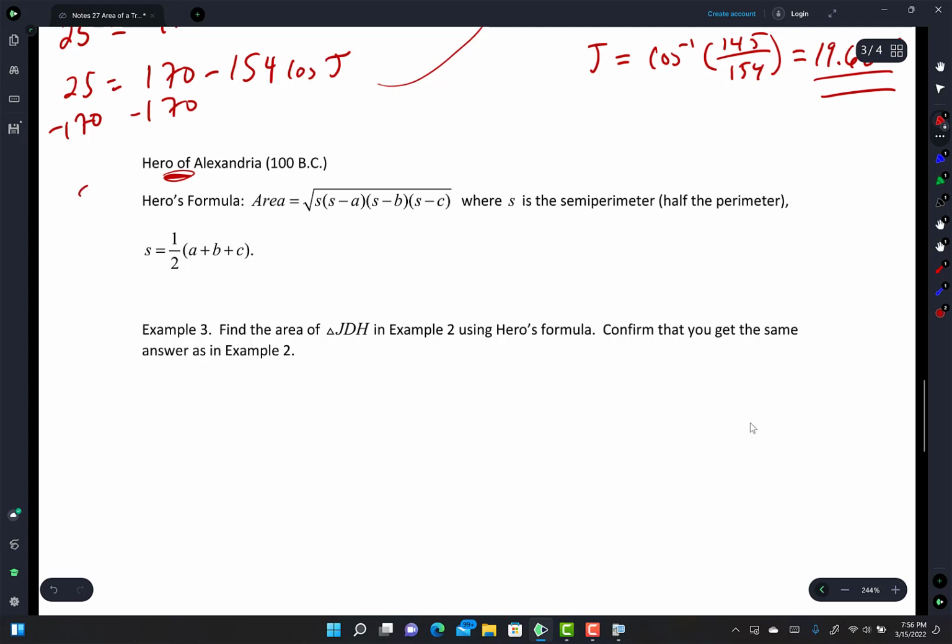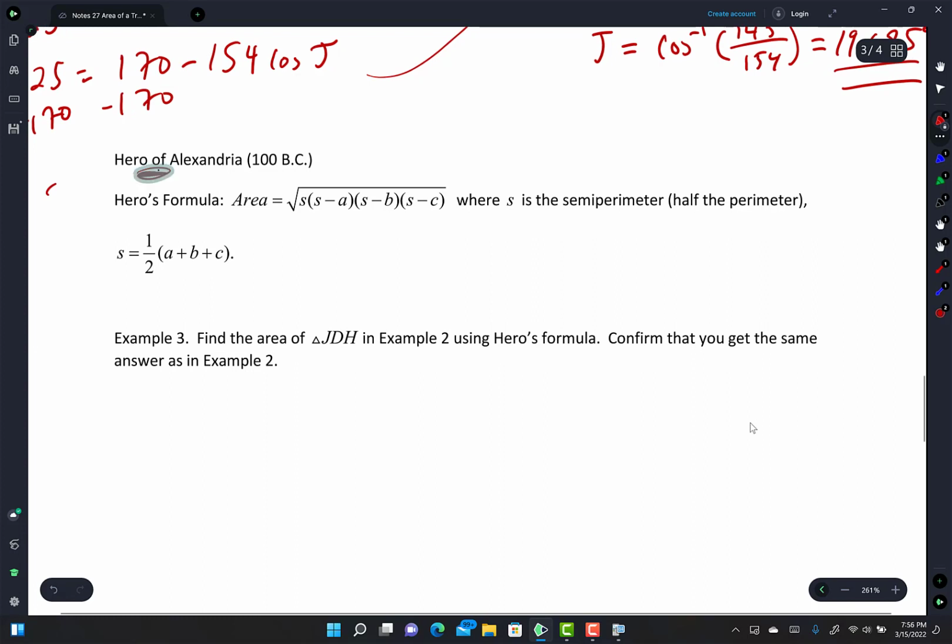I'm going to continue to call him Hero unless some history buff tells me that it's not exactly Hero, it's Heron or whatnot. So this guy in 100 BC created this formula where you can find the area of any triangle if they give you the three sides. And this is at 100 BC, guys. So in case you're wondering how long ago was that, here's a picture.